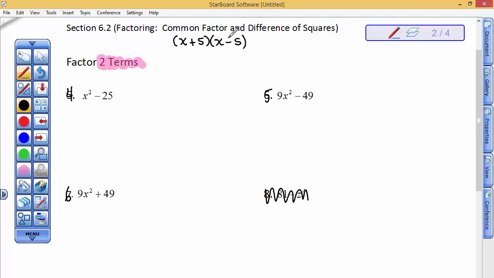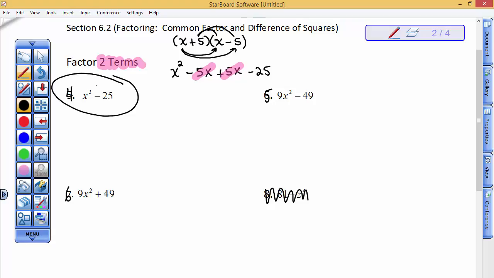And when you multiply these together, x times x is x squared, but the outside factors in the foiling process and these inside factors of 5x, they cancel out because they always add to be 0. And then finally, the last term is always going to be a positive times a negative, and in this case, a minus 25, like this problem right here, x squared minus 25.